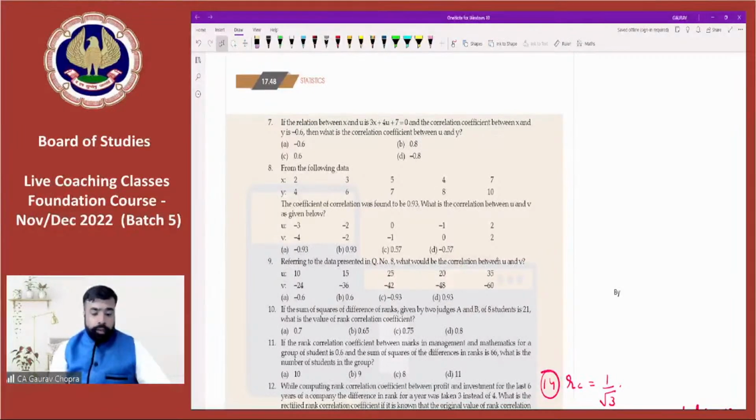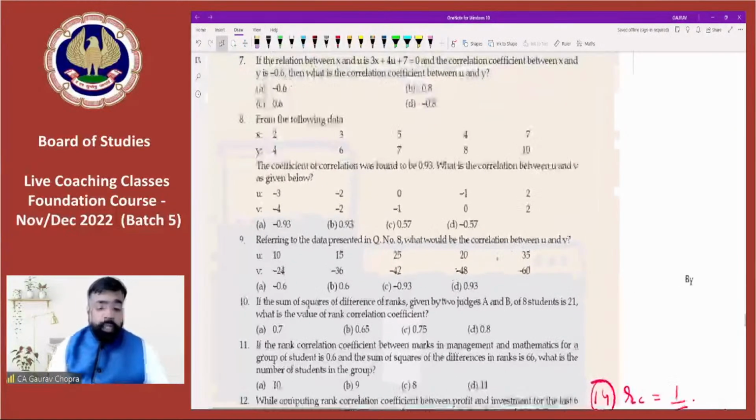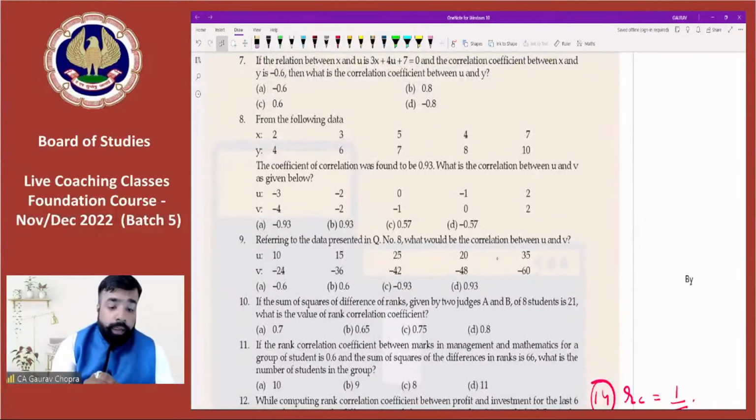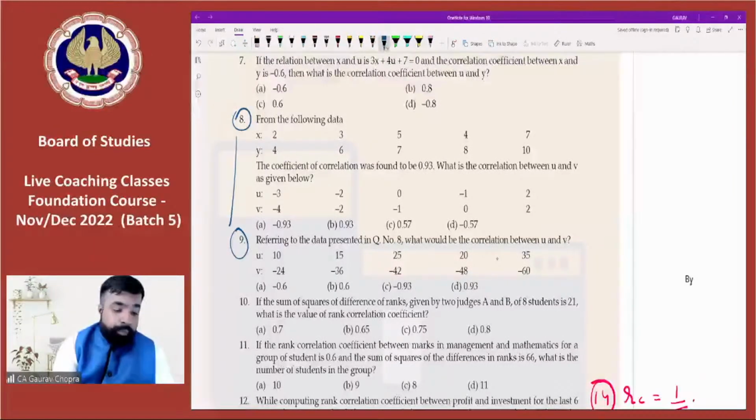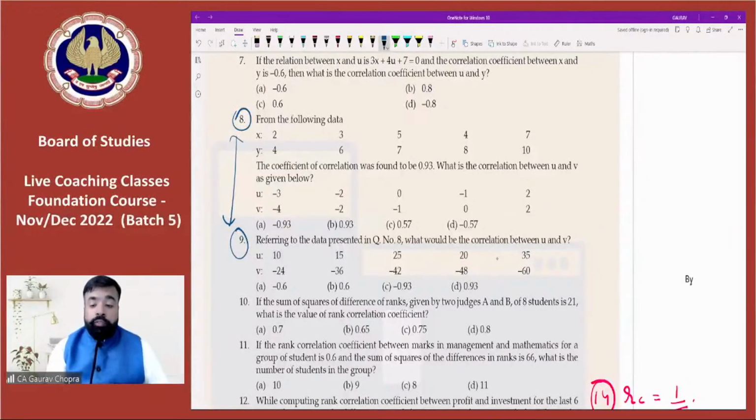Okay, so the next doubt is in question number 9. Question number 9 is based on the data of question number 8. Now, see, question number 8 and 9 are connected. The series of X and Y is the same as given in question number 8. What is the series?